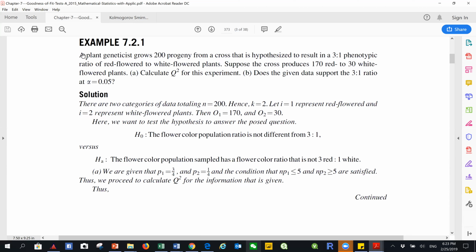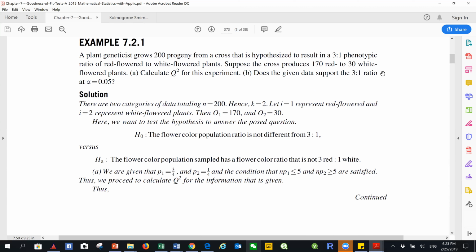For example, a plant geneticist grows 200 progeny from a cross that is hypothesized to result in a 3-to-1 phenotypic ratio of red flower to white flower plants. Suppose the cross produces 170 red to 30 white flowered plants. Calculate chi-square for this experiment. Does this data support the 3-to-1 ratio?